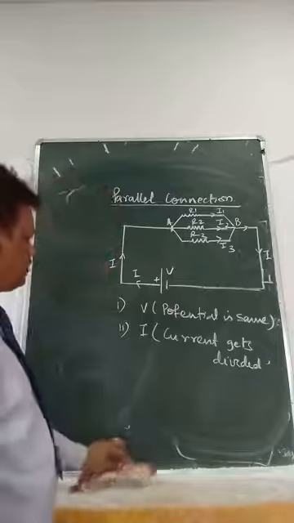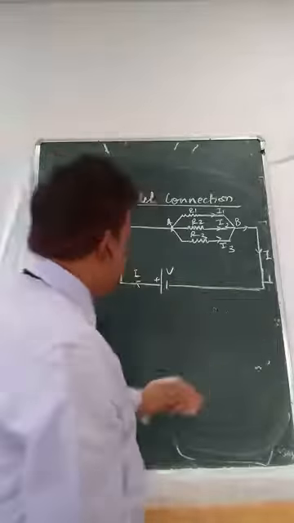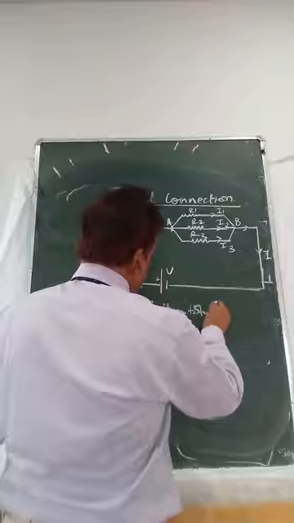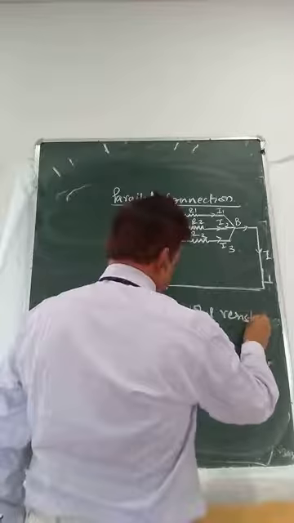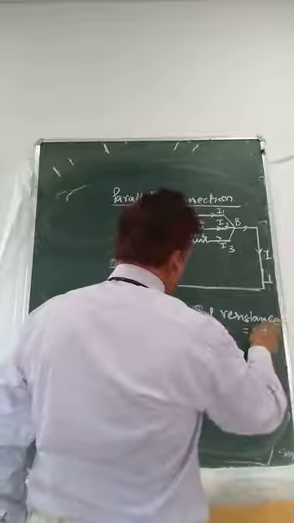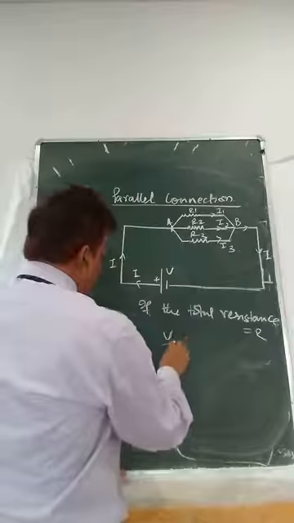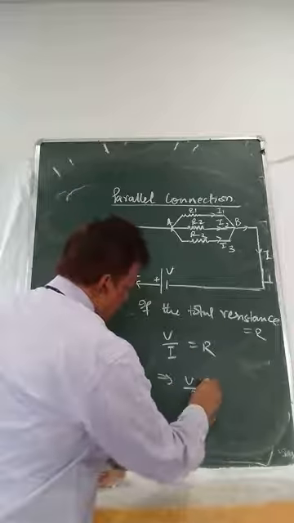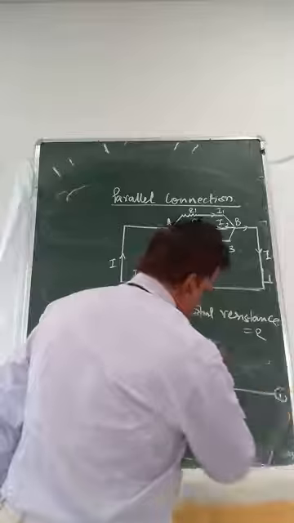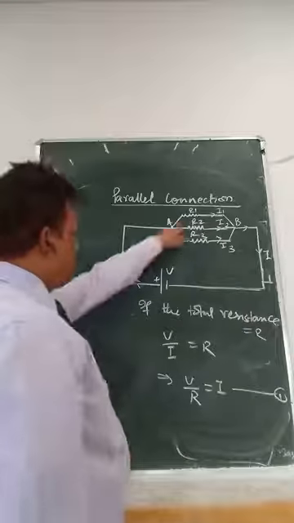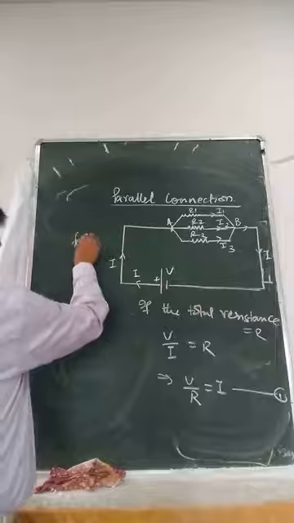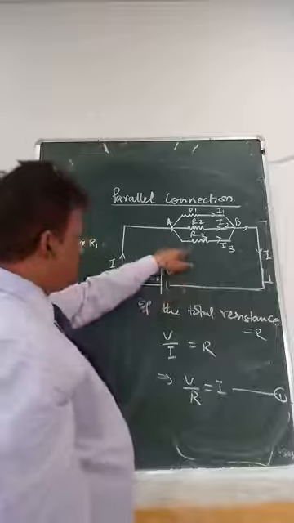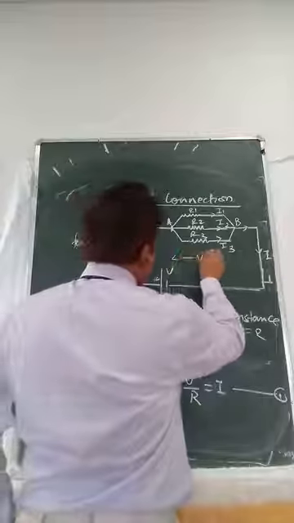Now let's do a calculation on this. If the total resistance equals R, then V by I equals R, which implies V by R equals I. This is equation number 1. For R1, what do you find? V by R equals I. V is the same for all.